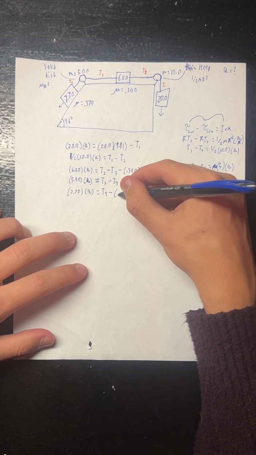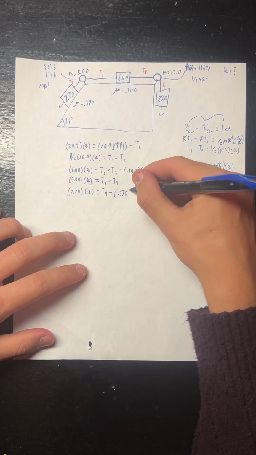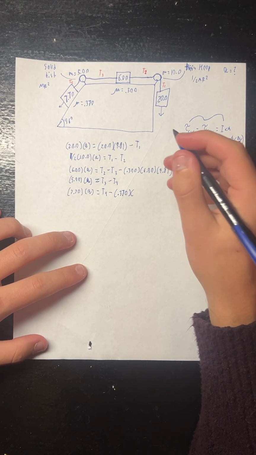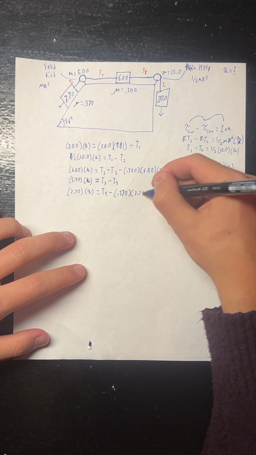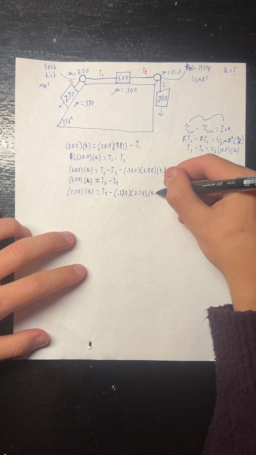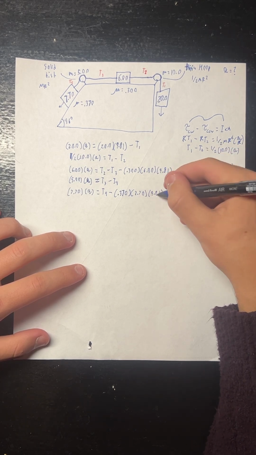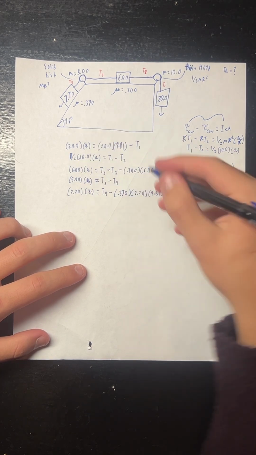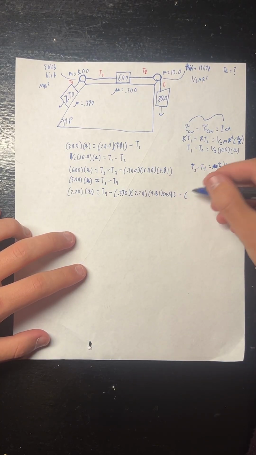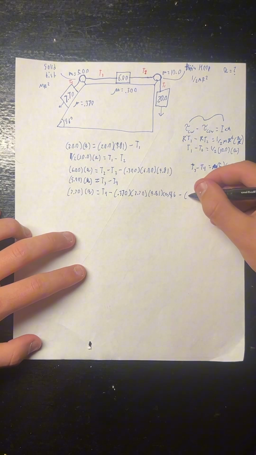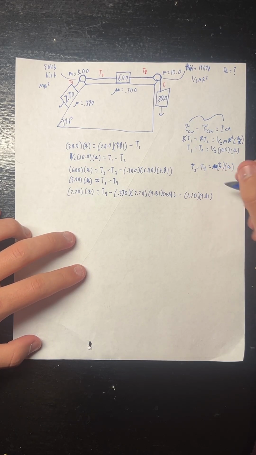So we can do friction as 0.370 mu mg cos theta. So mu times m, 7.70, times g, 9.81, times cos of 46, the angle, minus our force down ramp, which is mg sine theta, 7.70 times 9.81 times sine 46.